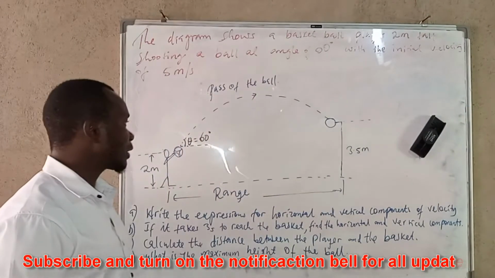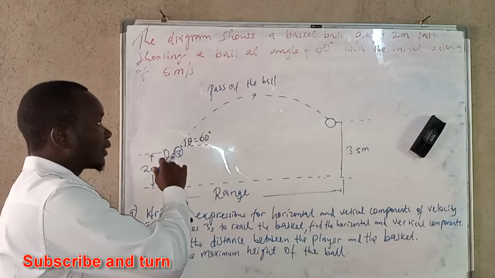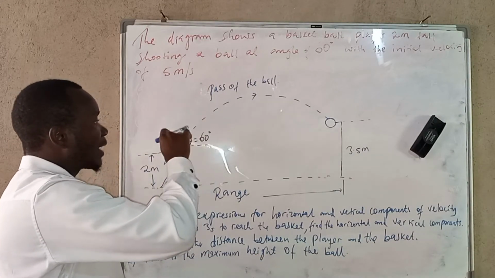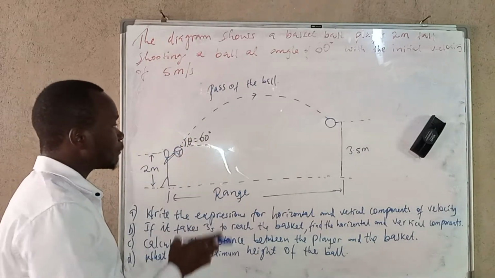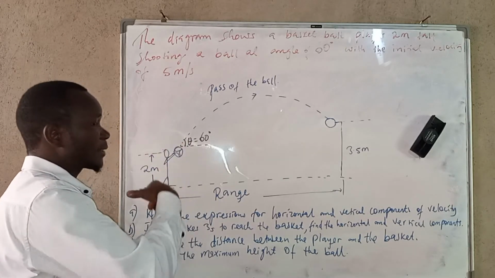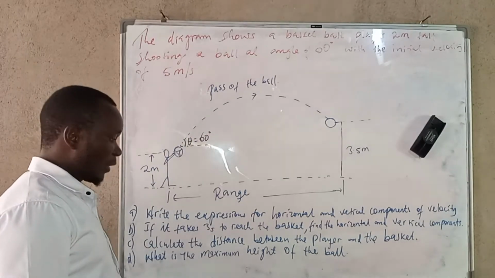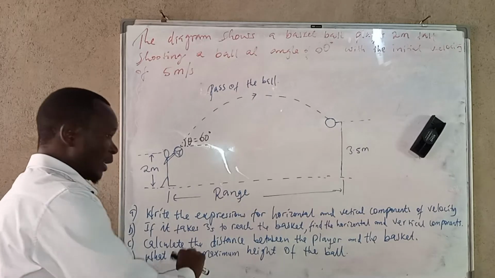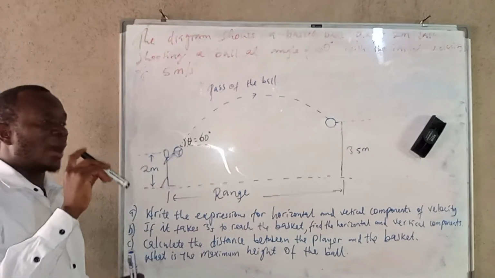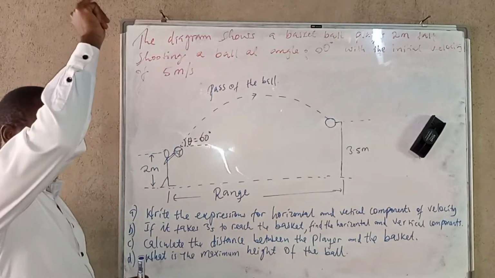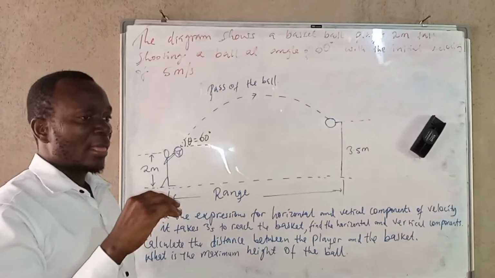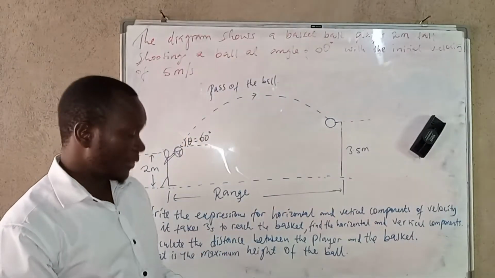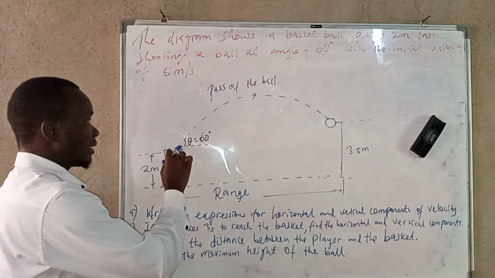When an object is projected at an angle, like for example, if I happen to throw this marker, I project it at an angle, then I throw it, the path that it takes is this one.